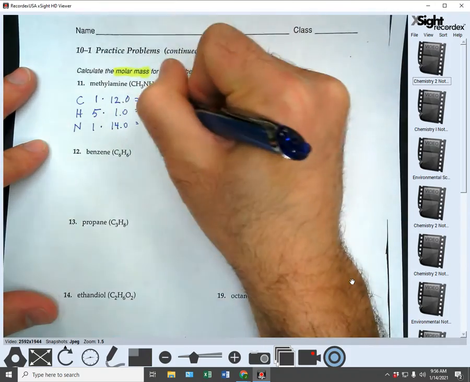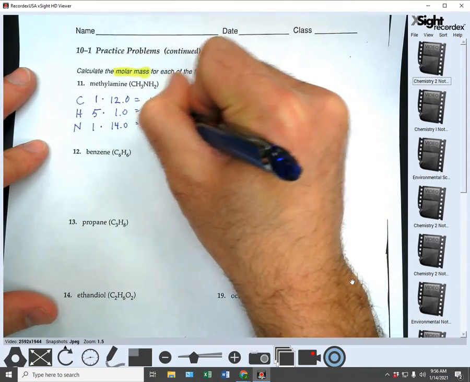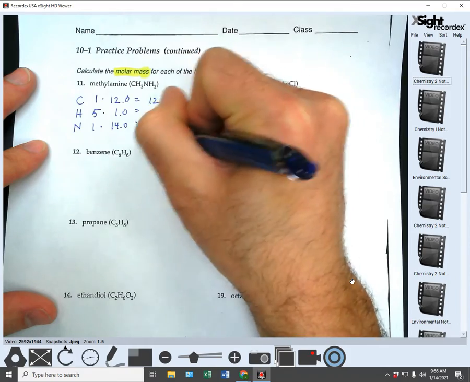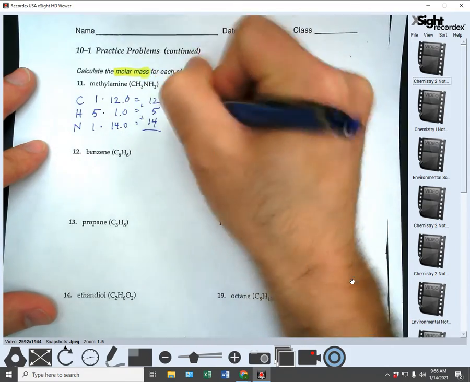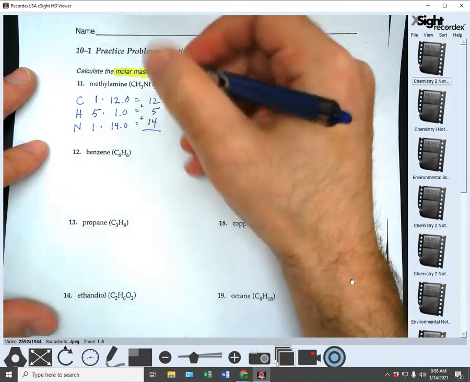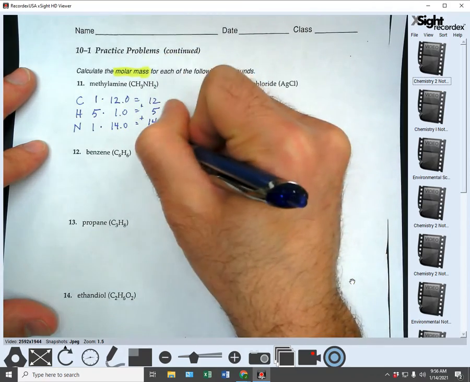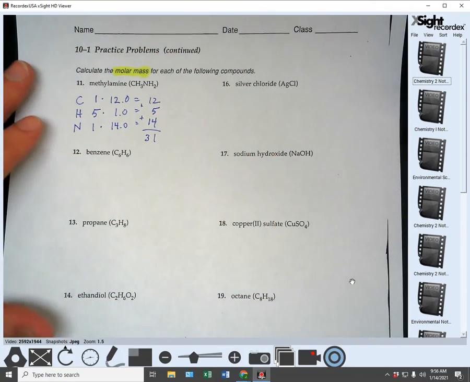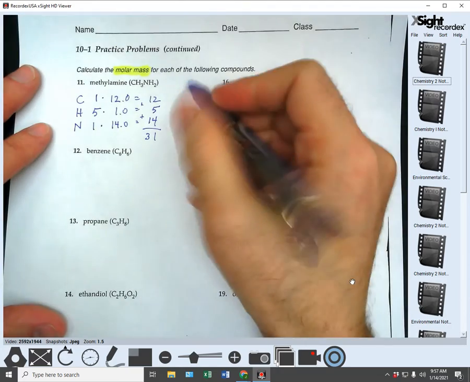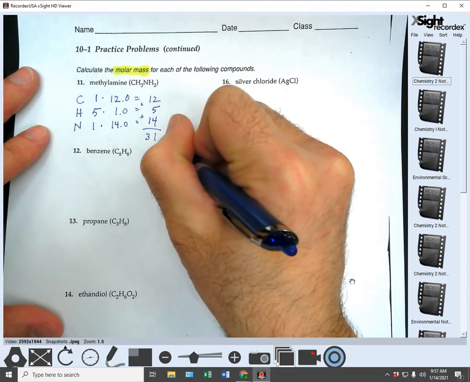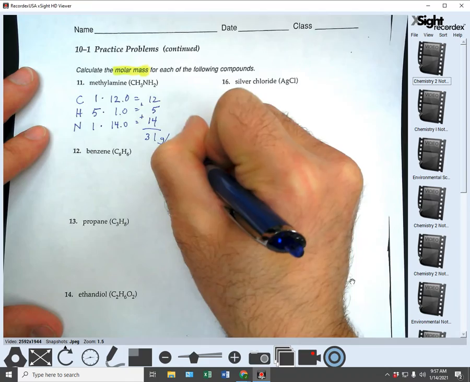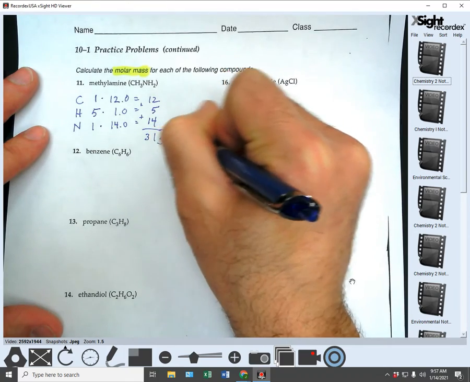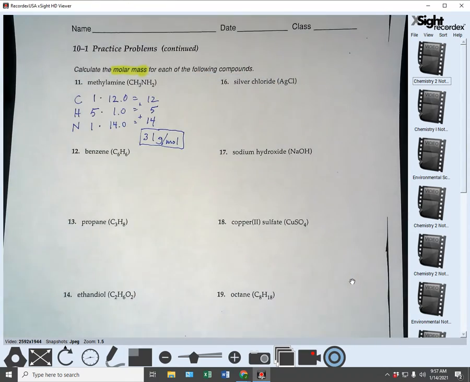Okay, we do the multiplying, and we add them all. So we get, what is that, 31. Now, the only difference is, because these are molar mass on this side, the label is the only thing that's different. The label is grams per mole. That's the answer. And that's what you're doing for this side.